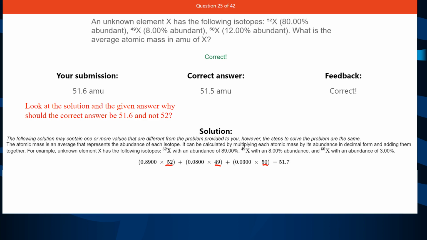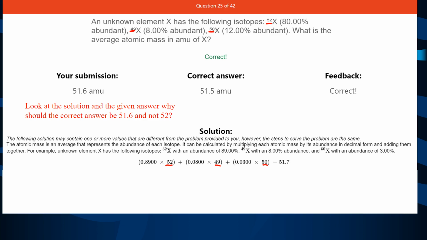The reason I wanted to point this one out: if the only mass they ever give you is in isotope notation, we treat that mass as an exact number. So our calculations are going to be based off the percentage this time.